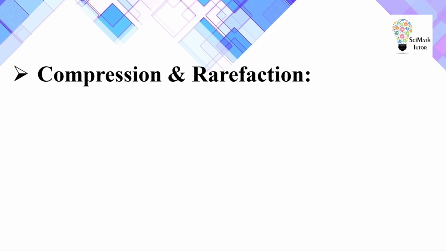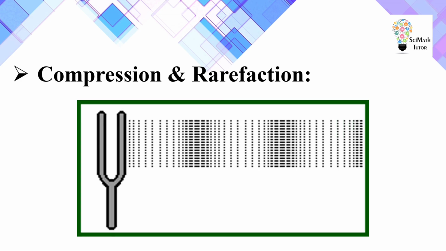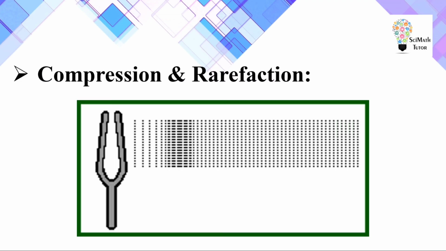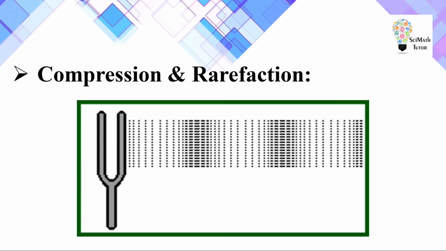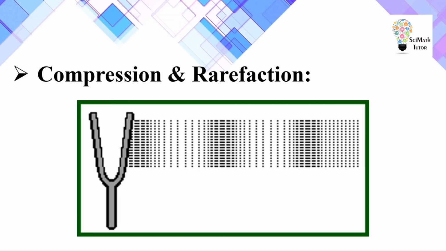Let's get familiar with the terms compression and rarefaction. As a prong stretches outward from its usual position, it compresses surrounding air molecules into a small region of space. This creates a high pressure region next to the prongs.